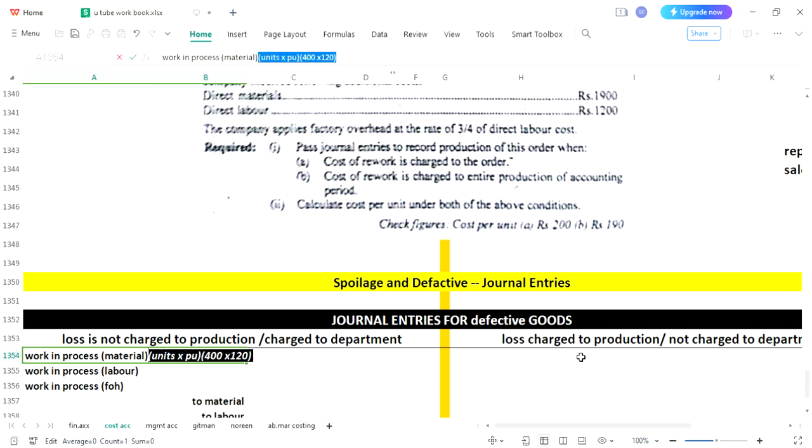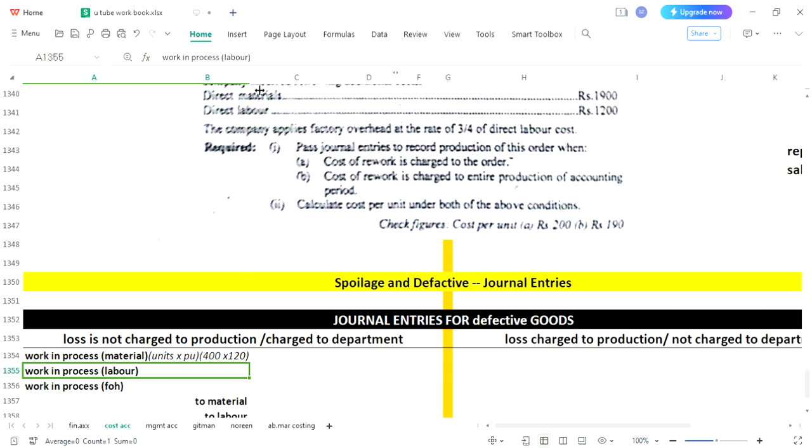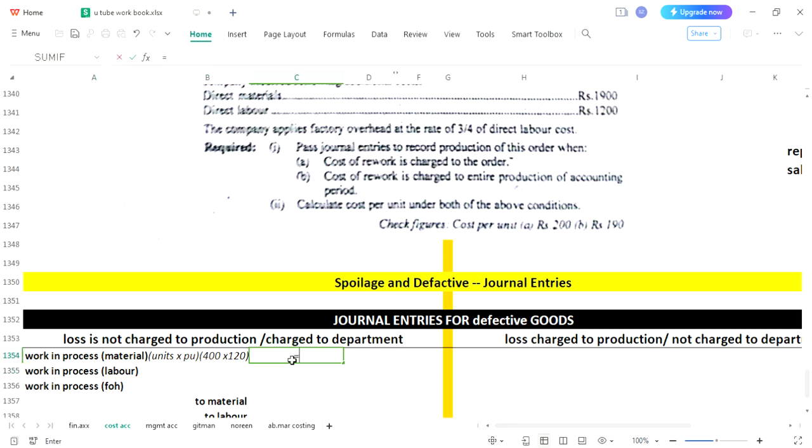A little more space is needed. That's okay for us. We can make a little adjustment. So first entry we have completed. Since the statement is completed, we can calculate it. 400 is to be multiplied with 120.